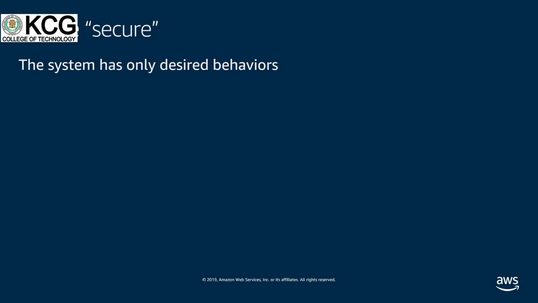I designed a system and said this is how I'm going to design it. This system has 10 servers, all of these servers have a very specific functionality, and all of them will always perform the exact same things that I asked them to do, right? So that is also how we define secure, right?